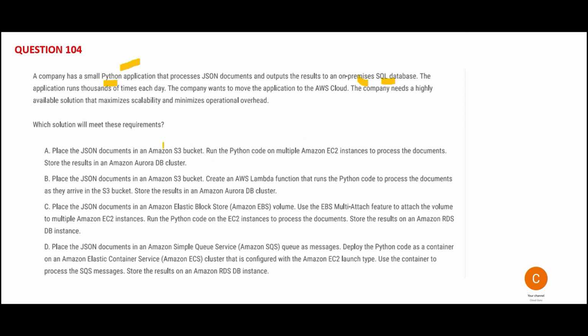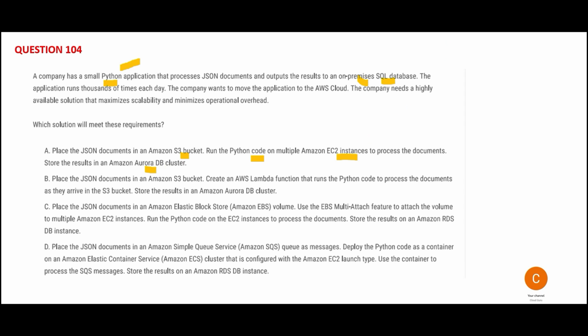Let us scan the options. A is telling you to put the docs on the buckets and run the Python code on EC2. So you have multiple choices. Either you deploy the application on EC2, that's what this option is saying, process the documents and store the result in Aurora DB clusters.